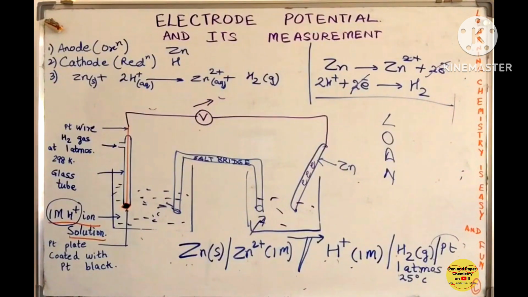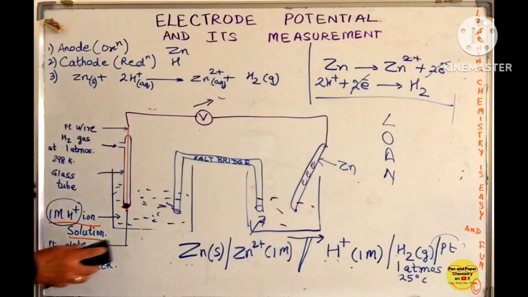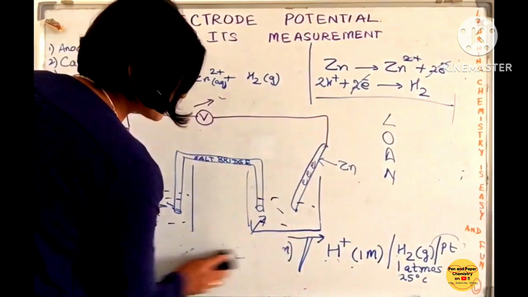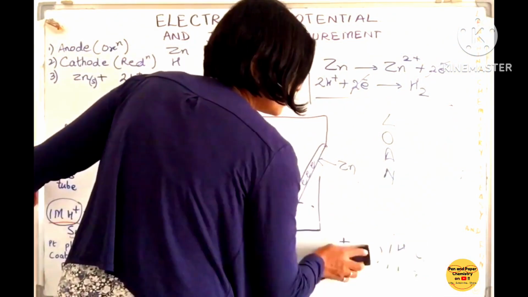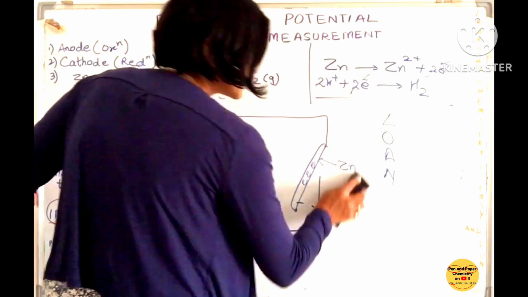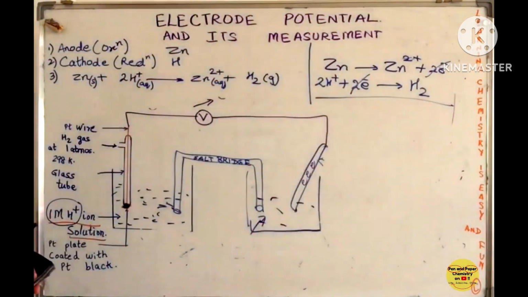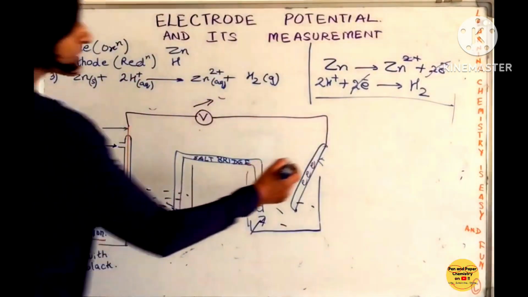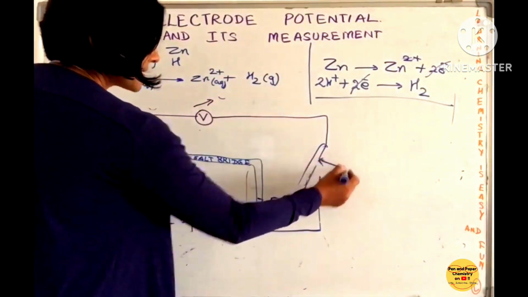Now let me change it: let's say now we replace the zinc by copper. I love these two examples, as I mentioned earlier, because all of you are very familiar with the activity series and you know very well that zinc is more reactive than copper, so it makes the work easier and relatable as well.